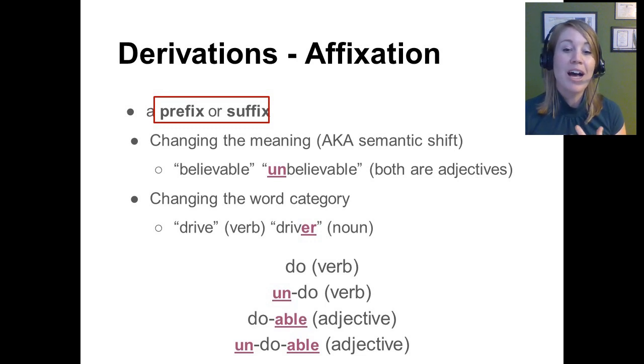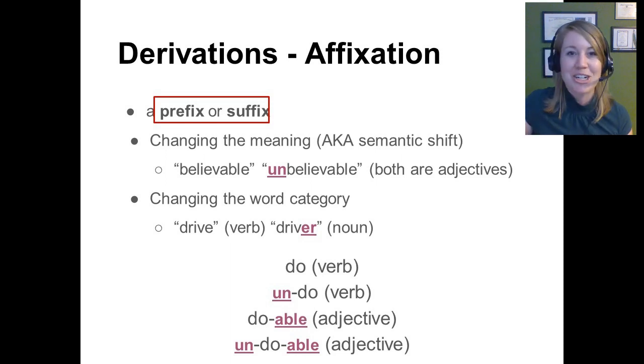Now, if I create the word undoable, it's still an adjective. These are all words that have different meanings and apply to different things. But from the root word do, I can create three different alternative meanings by adding these little items to it. And we're going to learn about what those items are in this mini lecture.